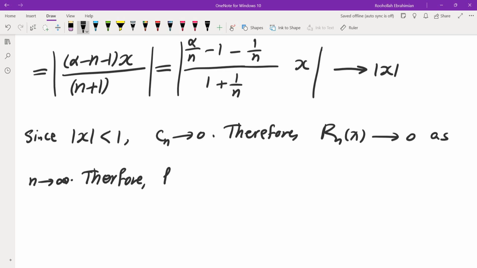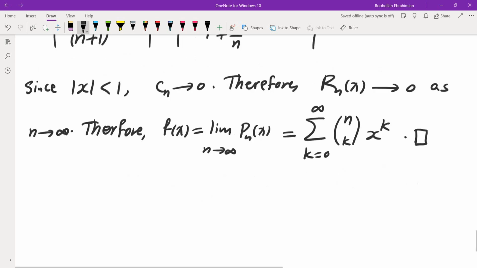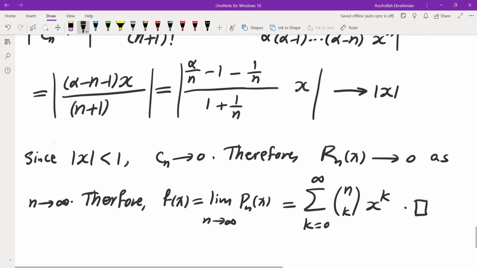Therefore, f(x) is equal to the limit of Pn(x) as n approaches infinity, which is exactly the infinite sum, k equals 0 to infinity of (alpha choose k) x^k. And this equality holds for every x between -1 and 1, exclusive.